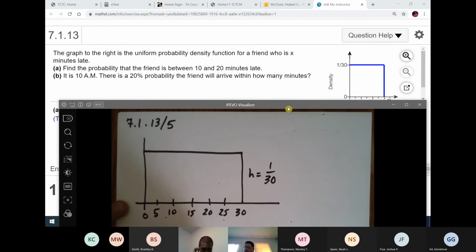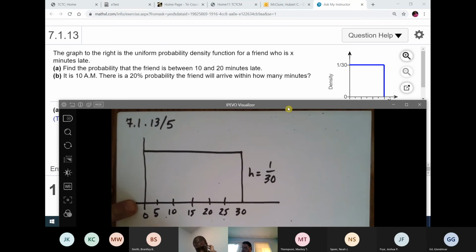A says find the probability that somebody will be between 10 and 20 minutes late. Okay, I've got it written down here.